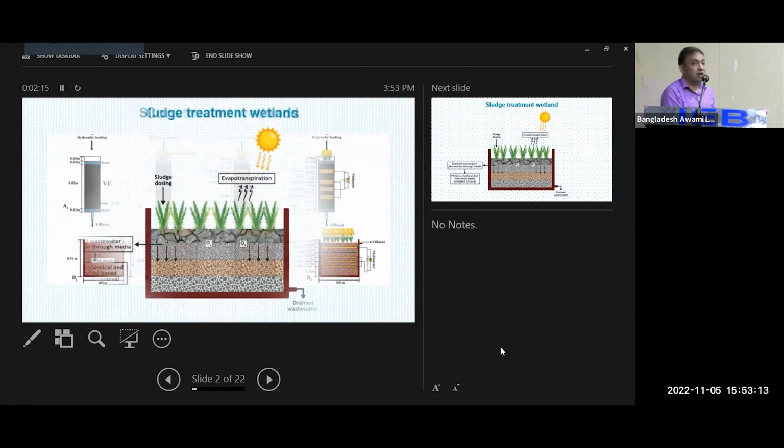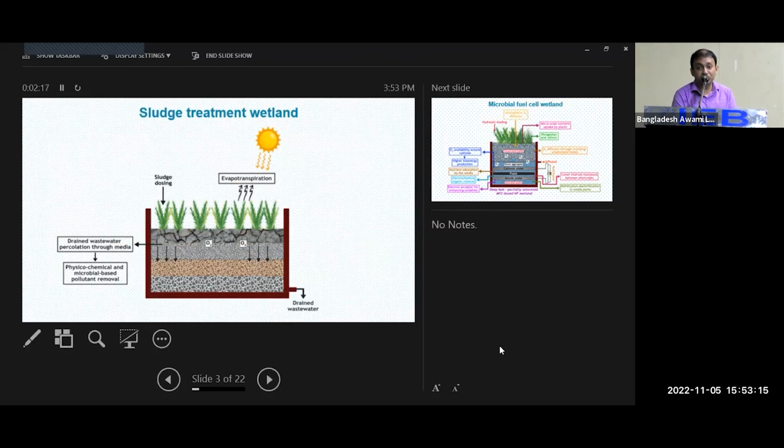Okay. Now I will talk about sludge treatment. What is sludge? Sludge can be of many types. For example, human waste goes into the septic tank or maybe to the treatment plant. We call it fecal sludge. Here I will talk about drinking water sludge.